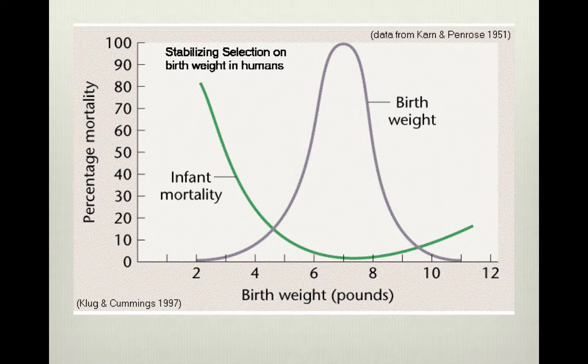Similarly, babies that weigh greater than 8 pounds can face a survival cost as well. These babies are more likely to get stuck in the birth canal and need greater medical intervention to be born. These babies are also more likely to be born by C-section. And having a C-section raises your overall risk of SIDS, raises the overall risk of mortality for young infants.